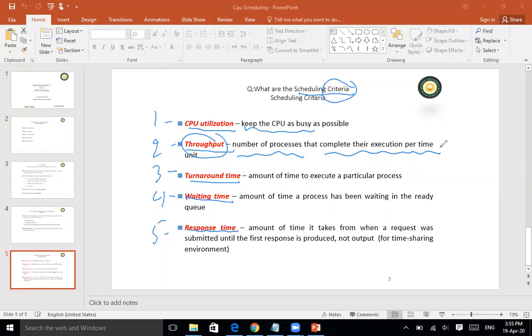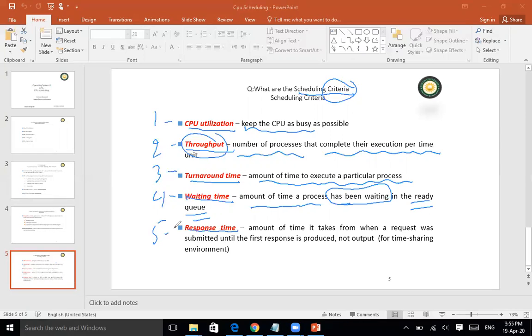Turnaround time is the amount of time to execute a particular process, or to finish a job. Waiting time means the amount of time a process has been waiting in the ready queue. It means how much time the process is waiting in the queue, we call waiting time.